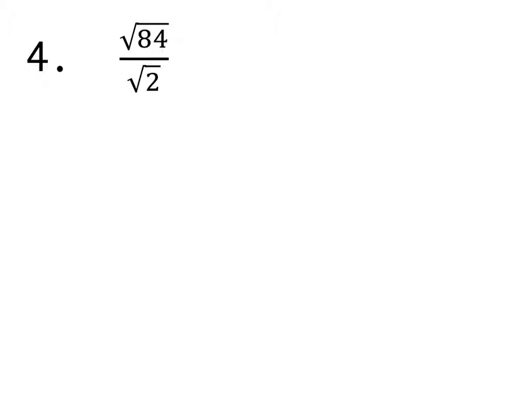So here we have square root of 2 on the bottom, right? We can get rid of it by multiplying by the square root of 2 on the top and on the bottom, and follow the rules for multiplying radicals. So what is 84 times 2? You should get 168.